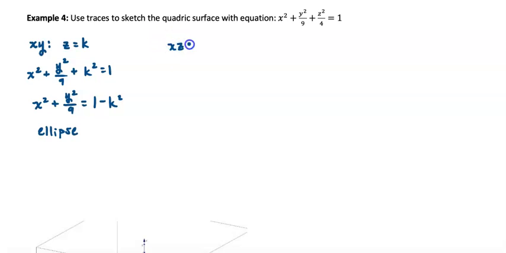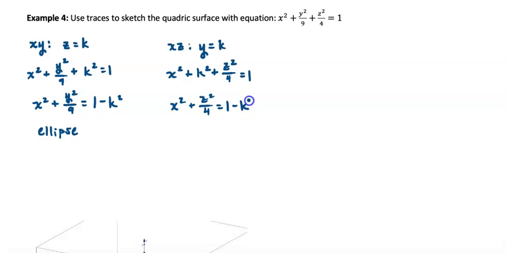All right, let's look at the xz plane, where y is going to be equal to 0. Well, when y is equal to k, I keep doing that, this equation is going to look like x squared plus k squared plus z squared over 4 is equal to 1, meaning I can rewrite this as x squared plus z squared over 4 is equal to 1 minus k squared.